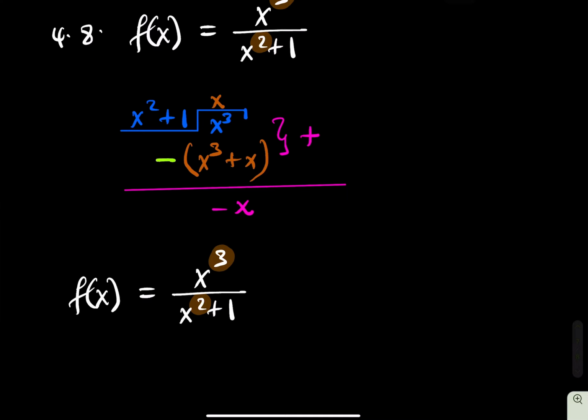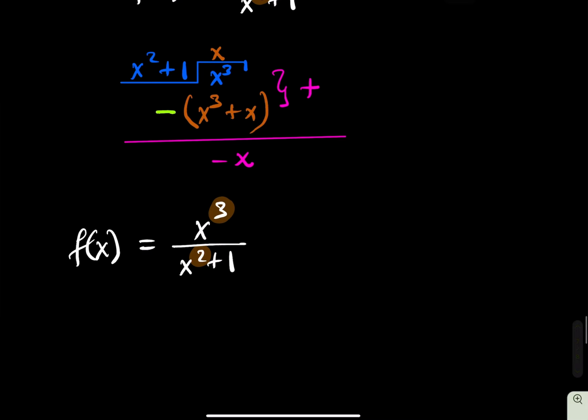By that I mean you ask yourself, what can I multiply with x squared to give me negative x? That thing is not there. So you end there, to say that this graph is equivalent to x minus x over the denominator of the polynomial, which is x squared plus 1.